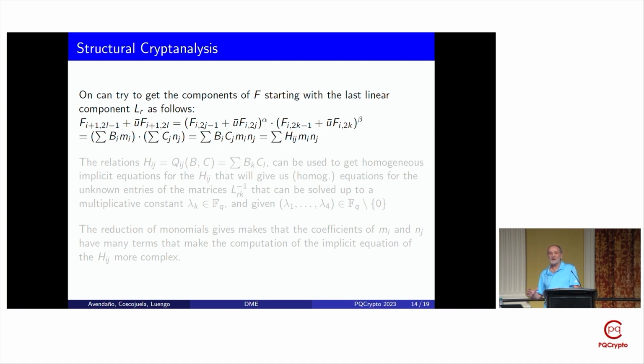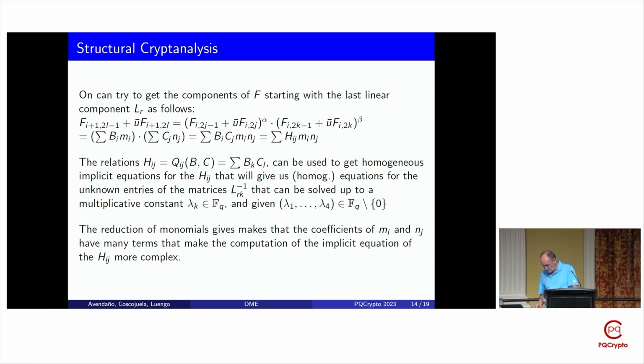The reduction algorithm also makes many monomials coincide. That means that the coefficient of the monomial will be the sum of all the coefficients. That will also make finding this implicit equation between the images more difficult. This was also one of the reasons to get the reduction algorithm.